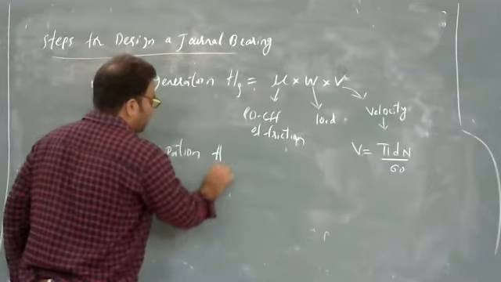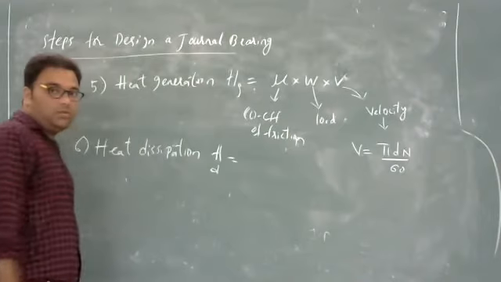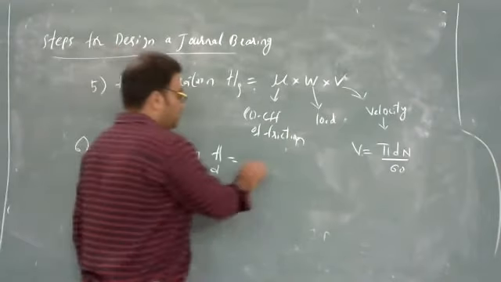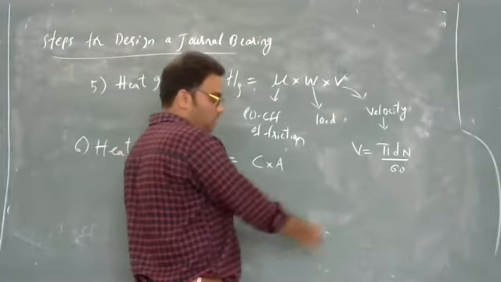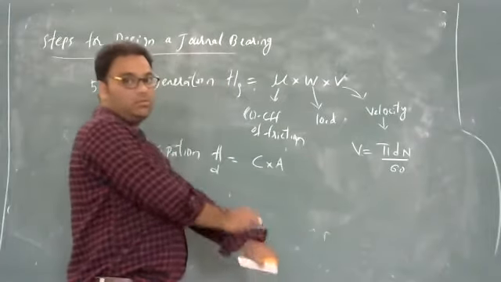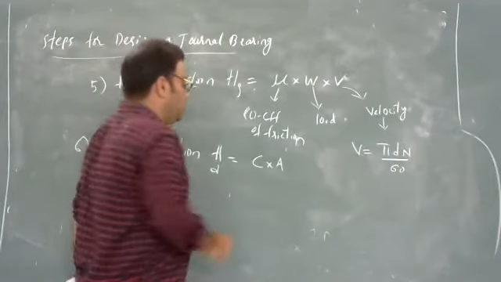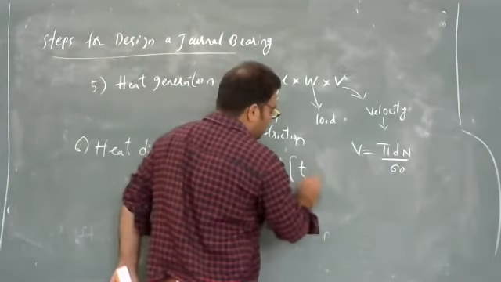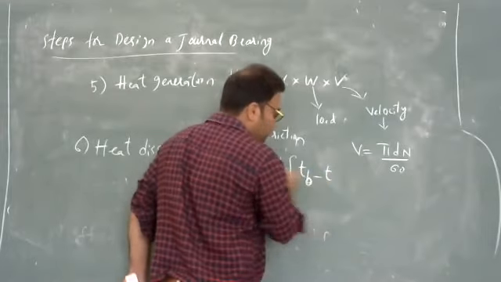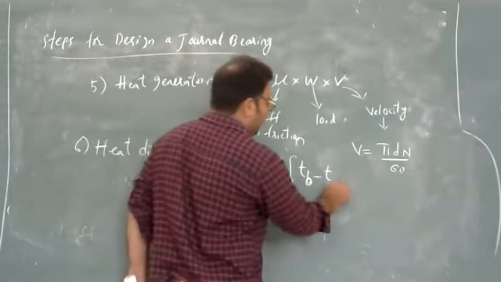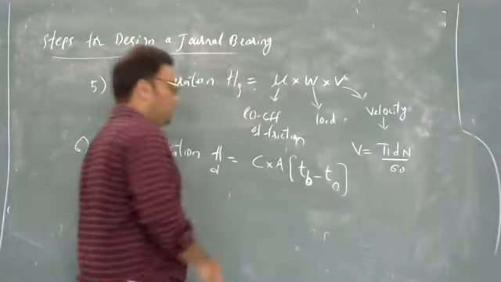Heat dissipation, HD equal to, I am taking C into A. This is a different C, a small c given here; I will do that later. So C into capital A into T suffix small b minus T naught. This is the formula.